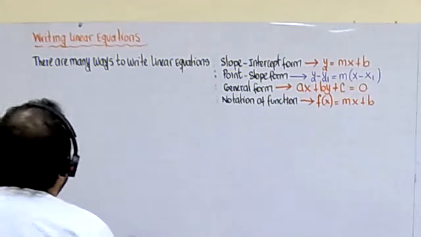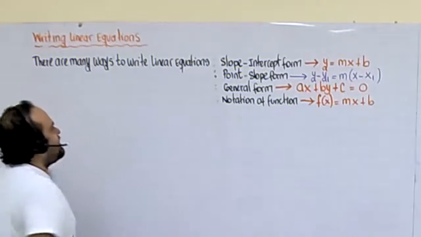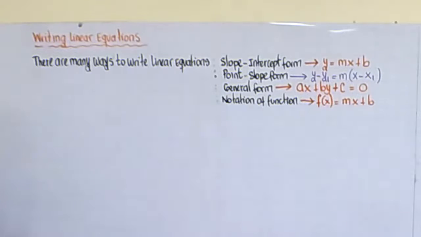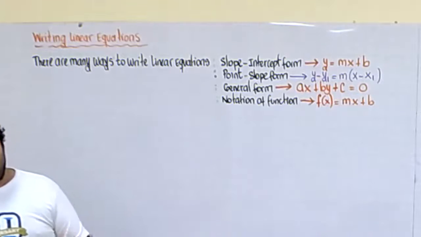Remember the definition that we learned yesterday. Parallel lines are lines that have the same direction but never touch each other. Why? Because the slope of the first line will have the same value as the other one.